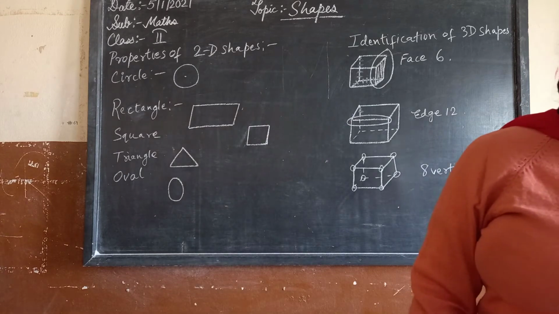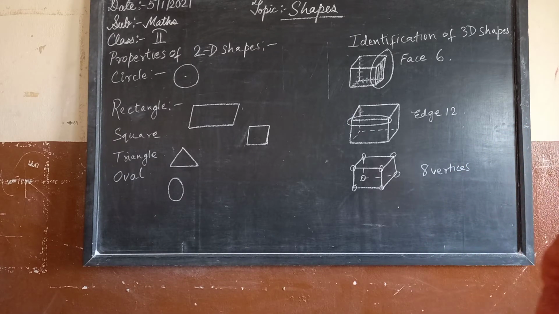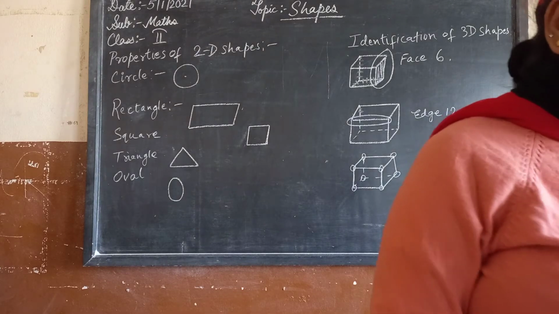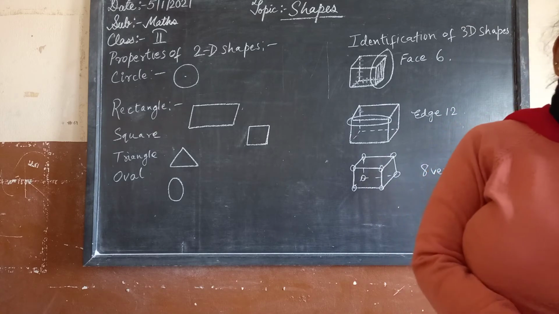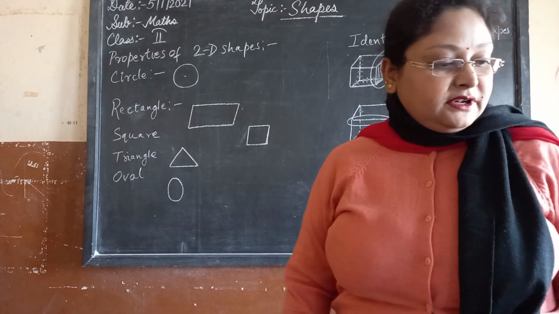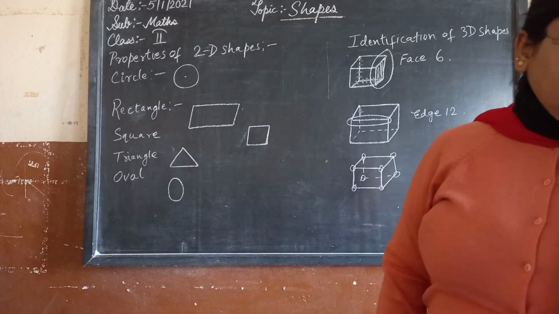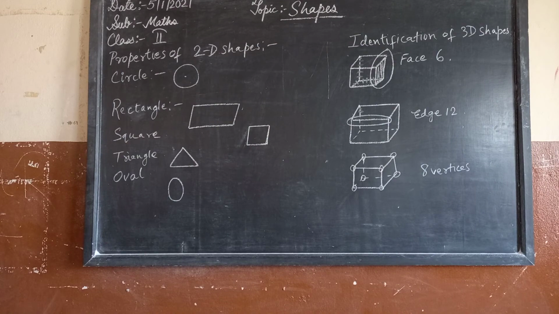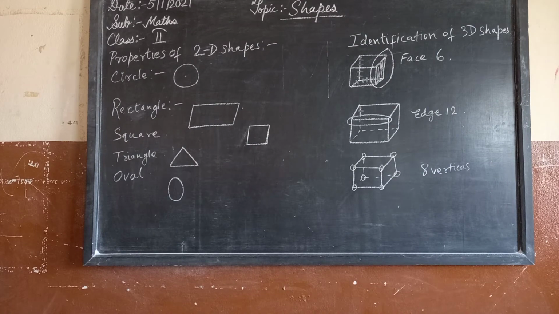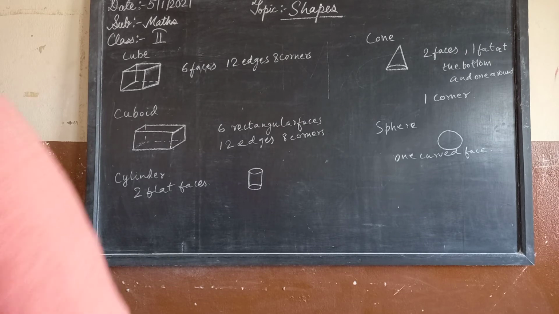So now we will consider the 3-dimensional shapes which are there in the course of your class 2 syllabus: cube, cuboid, cylinder, cone and sphere. So let us start. Now students, let us see what is there in the cube.